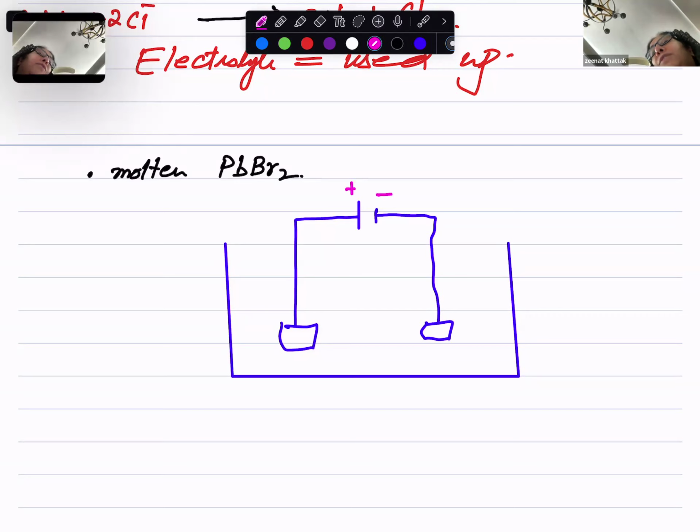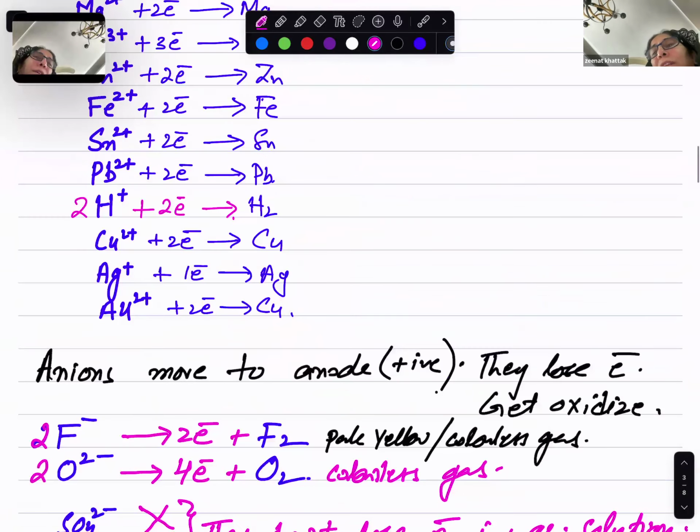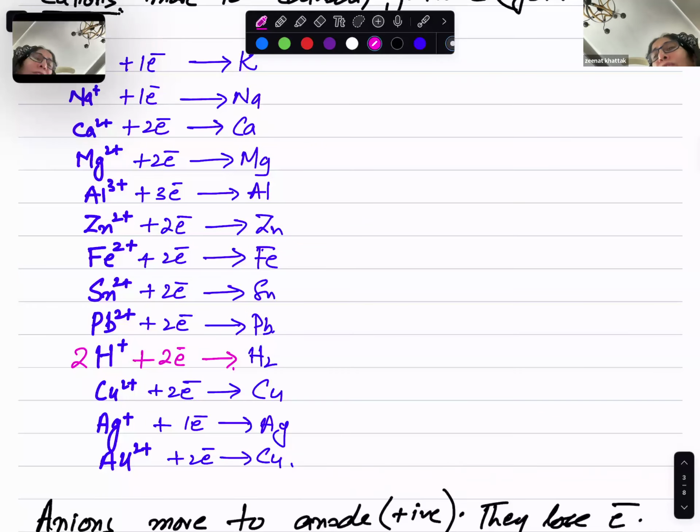This is positive, this is negative. What are the ions in lead bromide? PbBr2. So what is the Pb? Pb2+. What is Br? Br-. We know the equation.